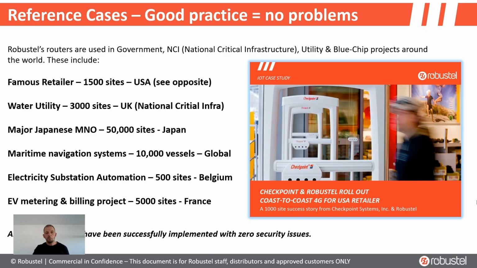But as you can see from the list, all around the world, there are actually millions of instances of Robustel OS today. And all of those projects and many, many more have been implemented with zero security issues.